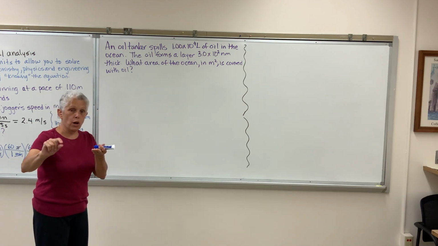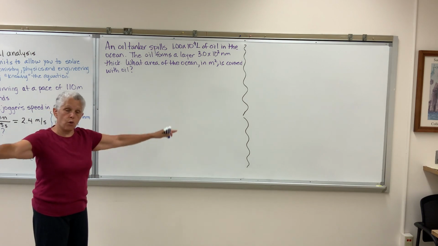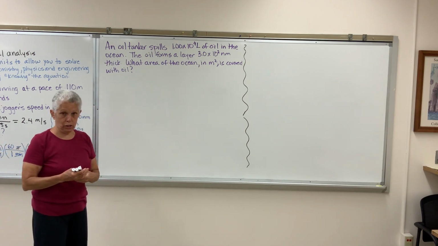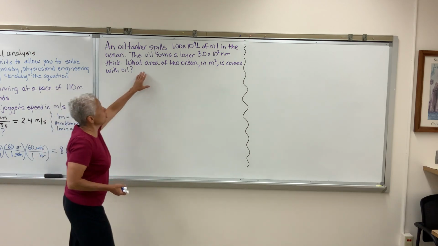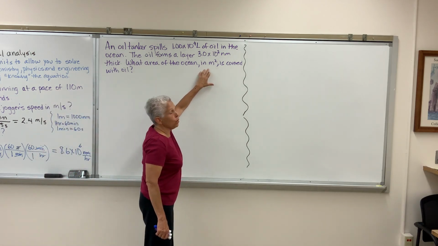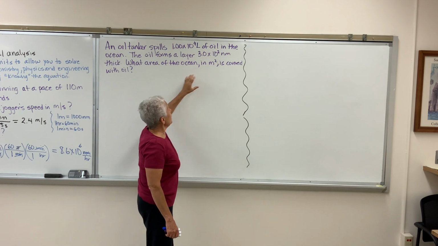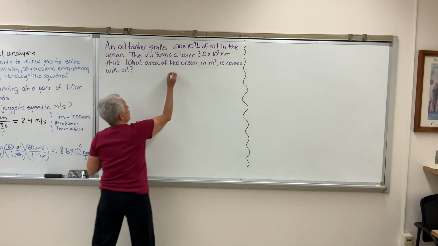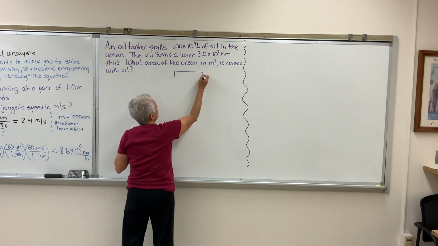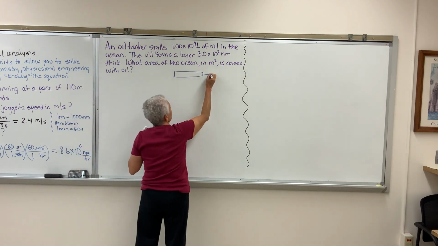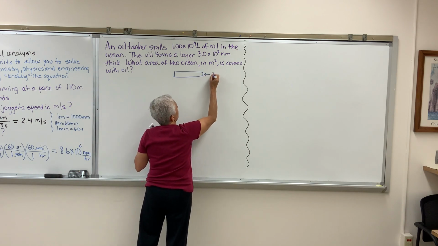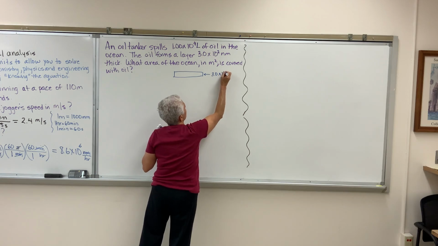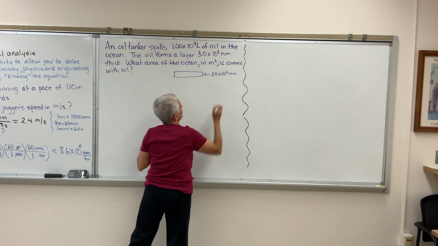When that layer forms, it then spreads out over a significant amount of the ocean, okay? And so the question is, what area of the ocean in meters squared is covered by that thin layer of oil? So you know that the layer looks like this, right? And this is 3.0 times 10 to the 2 nanometers, right?